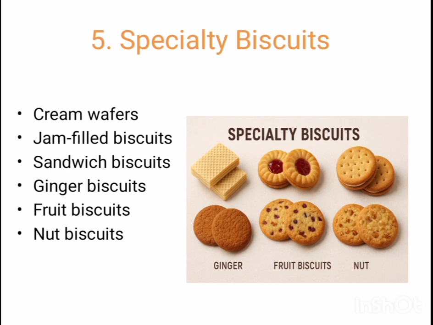Next is nut biscuits. Nut biscuits means biscuits which contain nuts like almonds, pista, cashew on top of the biscuits. So these are the special biscuits available in the market.